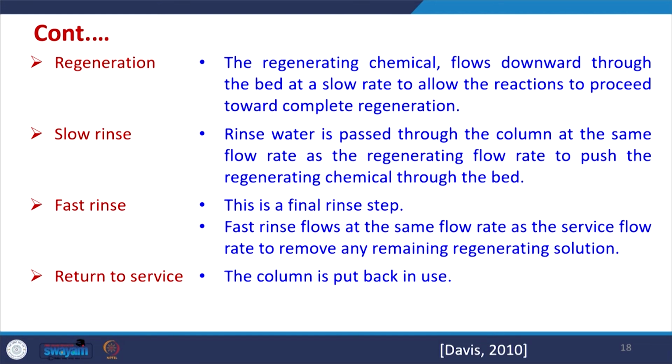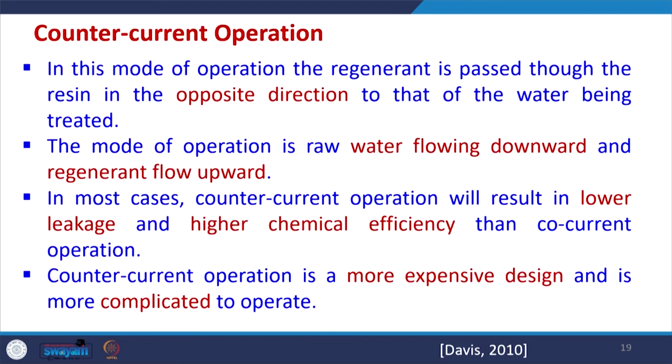During fast rinse the flow is at the same flow rate as the service flow rate to remove any remaining regenerating solution. Otherwise the treatment efficiencies will not be there if we do not perform the fast rinsing, and after that this particular column can be put back into use again. So, this is one mode of operation.